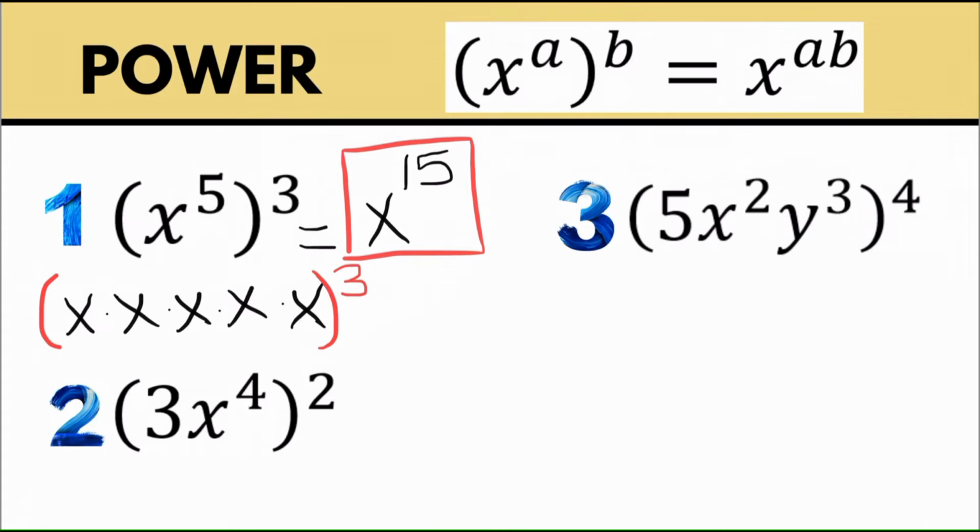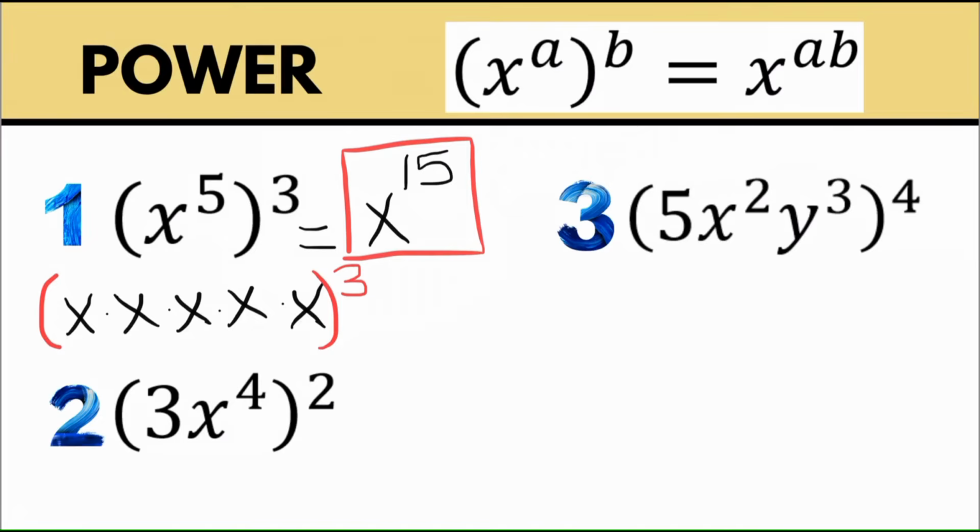I could do this in a few seconds, but sometimes the numbers are going to be large, and this is not the most effective way. That's why the power rule helps us break down expressions that have exponents and simplify them quicker. So let's look at number 2, 3x to the 4th squared.